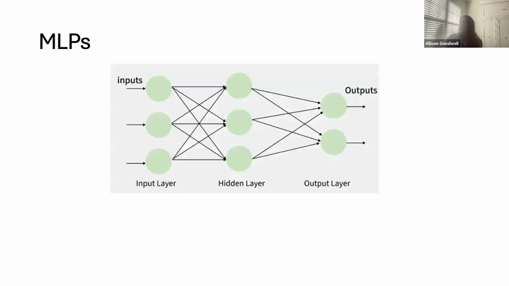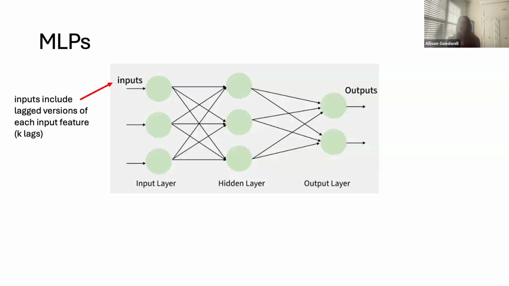And okay, so I'll start with the multi-layer perceptron from kind of an intuitive approach. This is just a generic image of a multi-layer perceptron. And here we're going to consider input features that include lagged versions of each input feature.